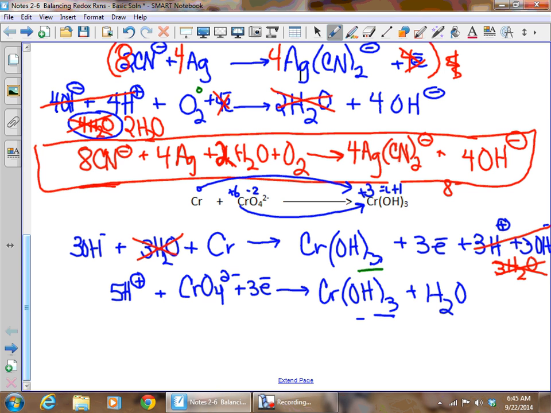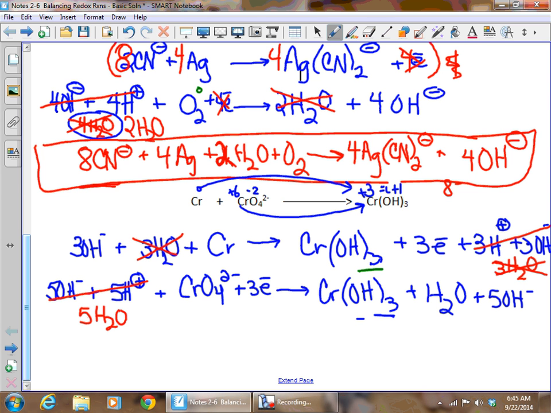But oh my goodness, drama, we've got hydrogens in our basic solution. So our final step in our basic solution is to add that same number of hydroxides to both sides. What's that going to do? It's going to turn this into 5 waters.